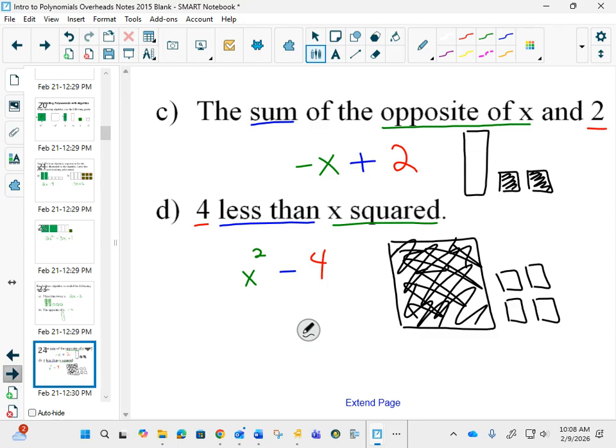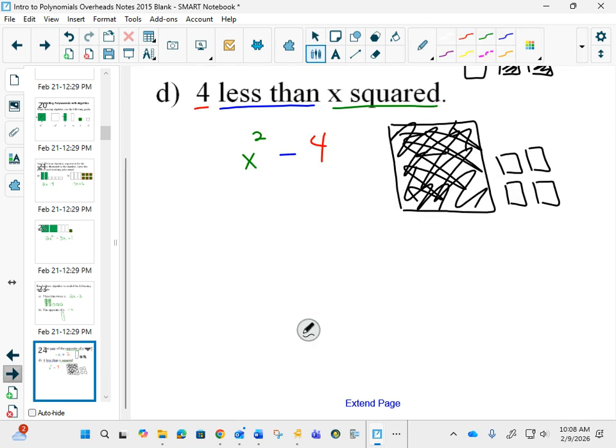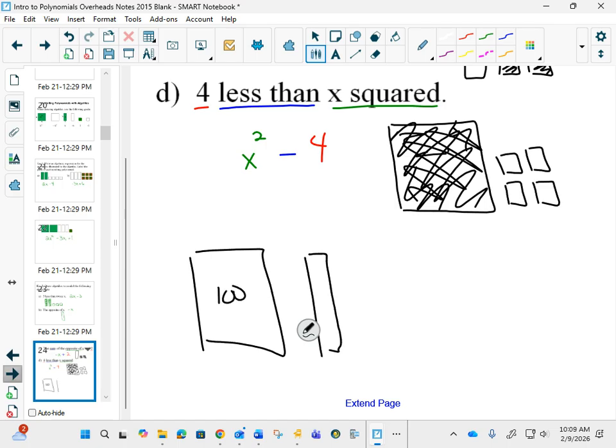Now, I have a question for you from middle school. Did you ever in middle school use the 100 tile, the 10 tile, and the 1 tile for math? Yeah?